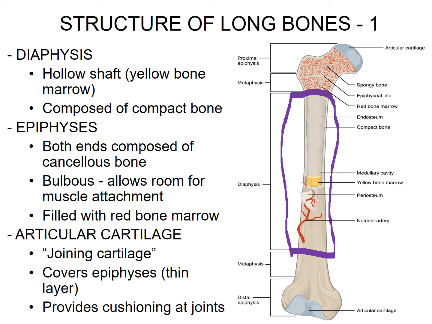So once again, diaphysis is that long, skinny part of that shaft. Now, on the outside portion of this bone, what we have is the compact bone with all those concentric rings. So this is more of the superficial part of the diaphysis. And then inside of these long, skinny bones is a hollow opening, a hollow shaft. And depending on your age, you're going to have a different type of bone marrow.